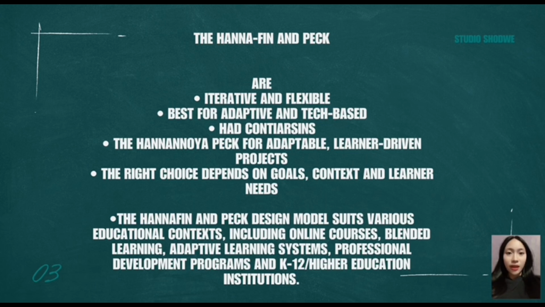The Hannafin and Peck design model applies to various educational contexts, including online courses, blended learning, adaptive learning systems, professional development programs, and K-12 and higher education institutions.